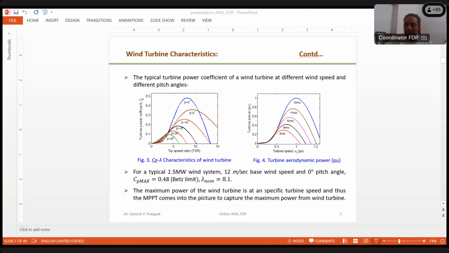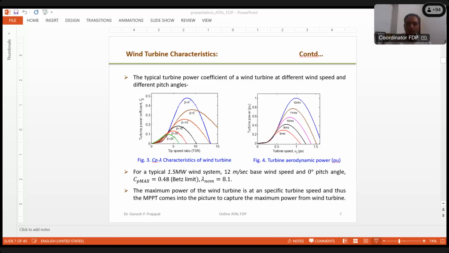In the case of 12 meter per second wind speed, you can see the blue curve. Let's say the turbine is running at 1.5 per unit turbine speed. Corresponding to 1.5 turbine speed, you may see that it is generating only this much power, and it is about 0.4 only.